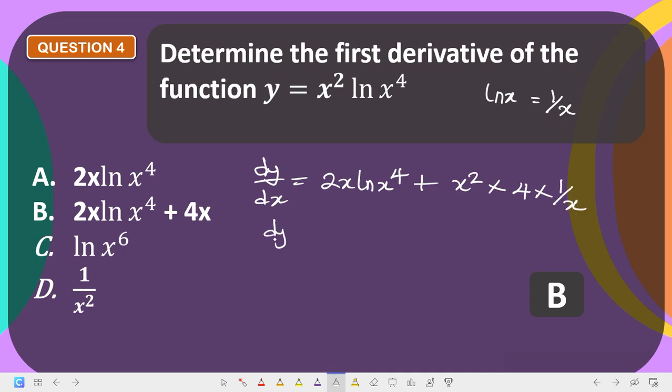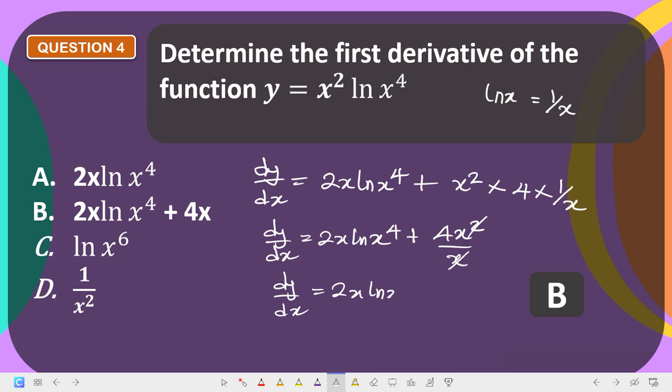So our dy/ds will be equal to 2s ln s to the power of 4 plus 4s squared divided by s. s cancels s. So what do you think we are going to have? dy/ds is 2s ln s raised to the power of 4 plus what? 4s. And that makes option B the correct answer to that question.